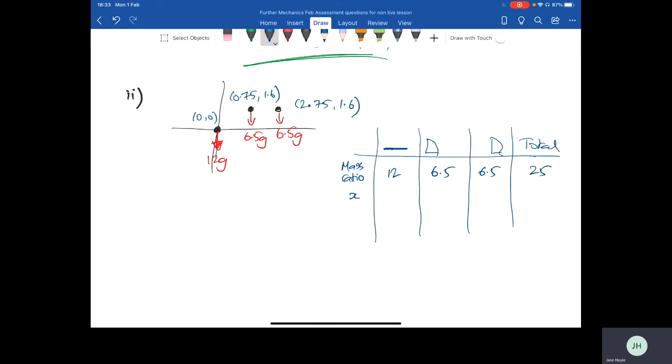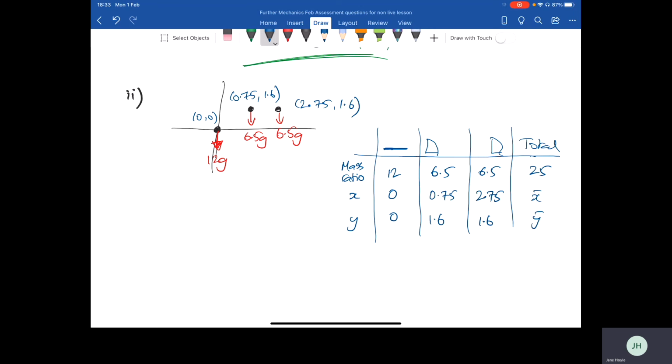So I want the x distances. Well, the rod is situated at the origin, so both its x and y are going to be 0. I know that the first sail shape has got a centre of mass 0.75 and 1.6, and the second sail shape is 2.75 and 1.6.